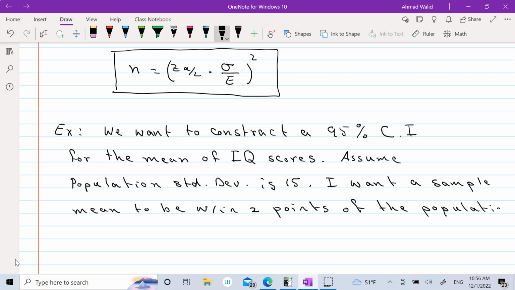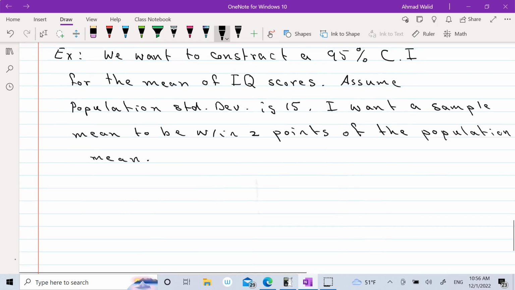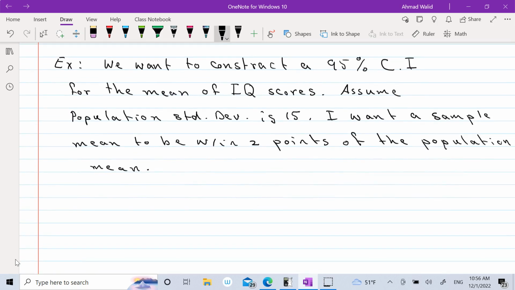How big does the sample need to be, correct?